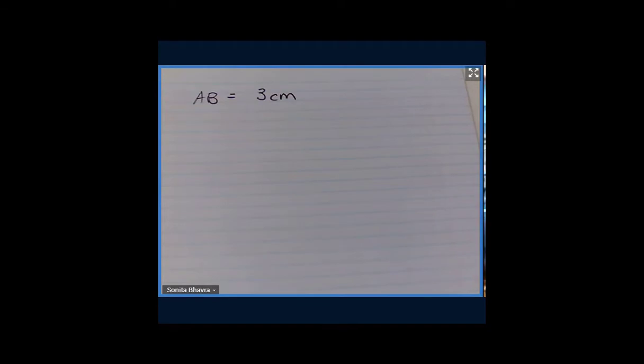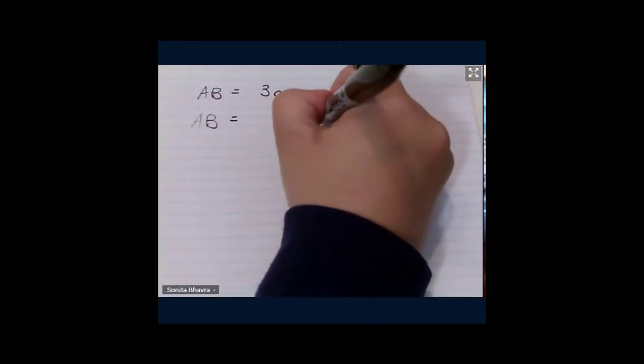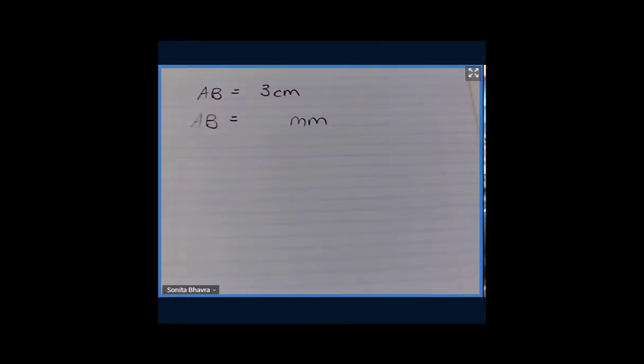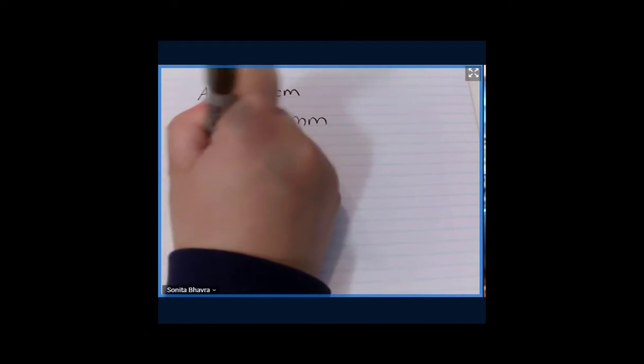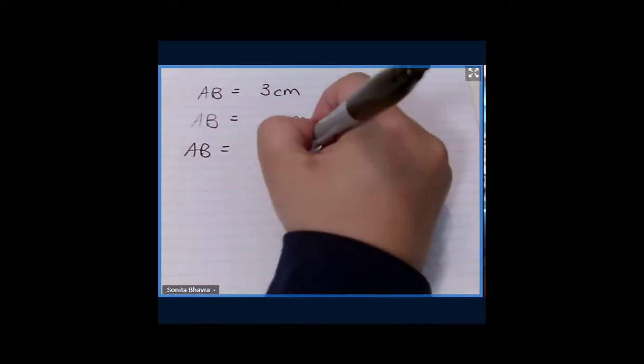All right, and for today's class, you might also be asked to represent that in millimeters and in decimeters. We're going to use our conversion chart to get our line segment into those units. So let's say we also have to put it into millimeters, and we also have to put it into decimeters.